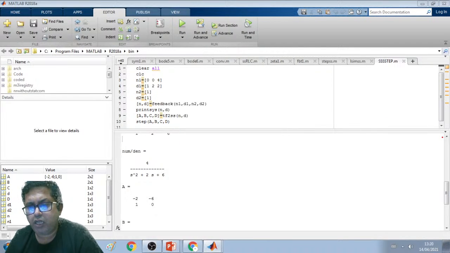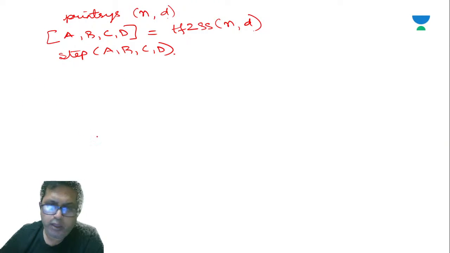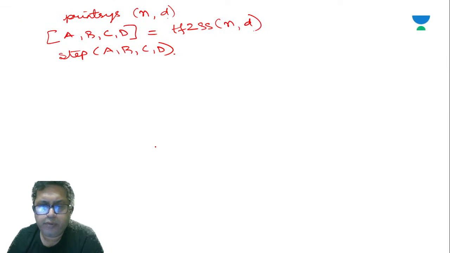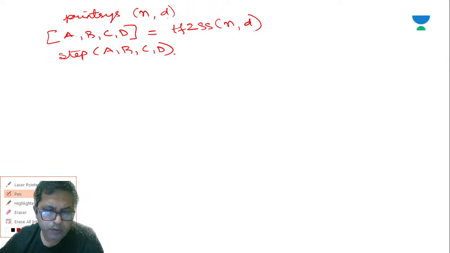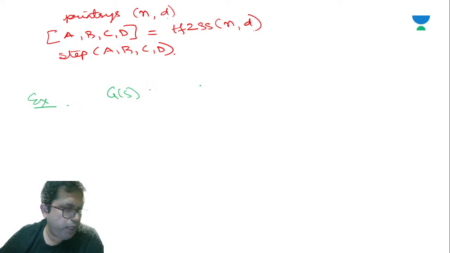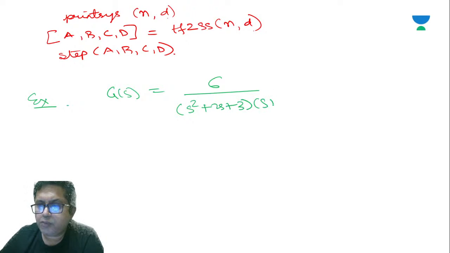Let us solve the last example for today. Same thing you have to find out, the system is different. Example: G(s) is equal to 6 upon s cube plus 2s square plus 3s plus 2.